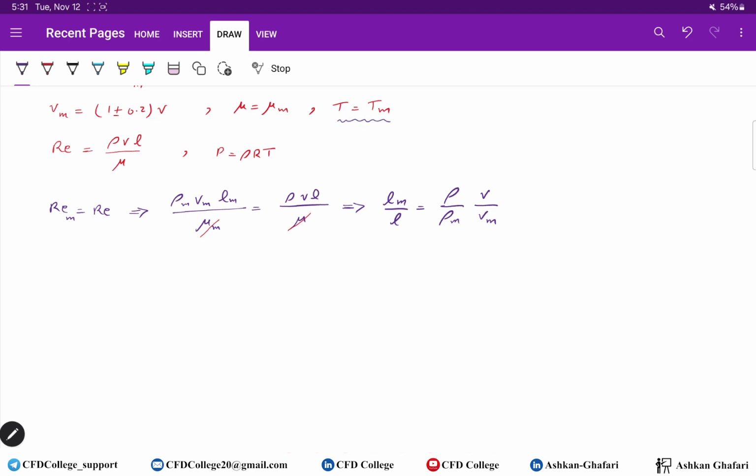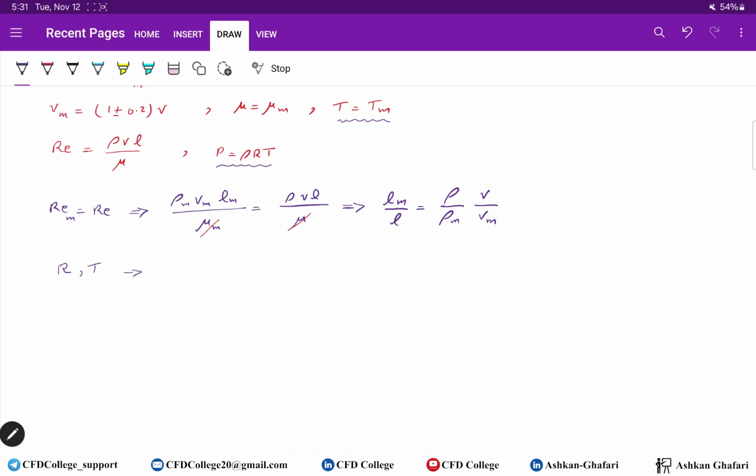T equals Tm. It means that we should use the ideal gas law.